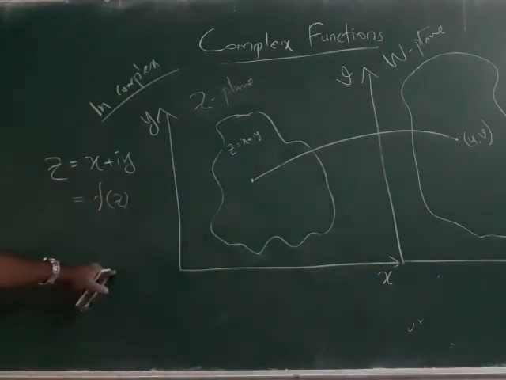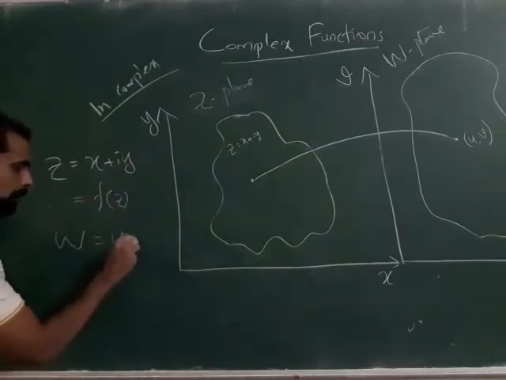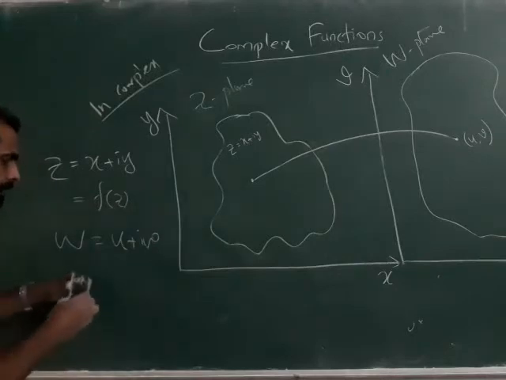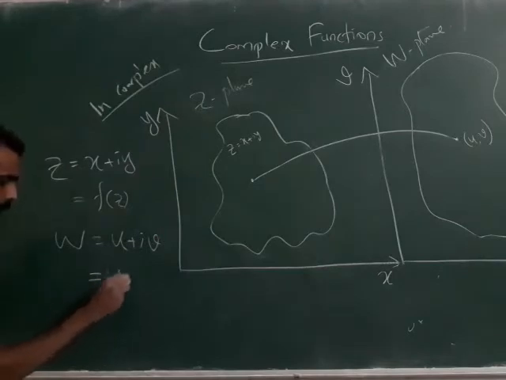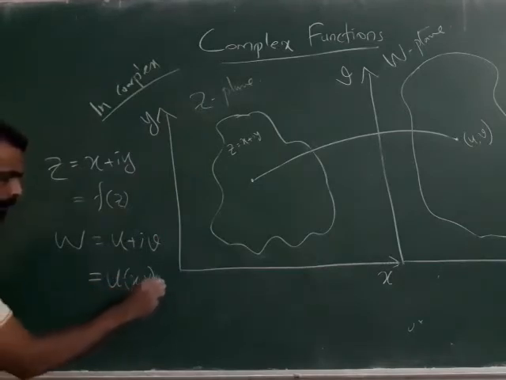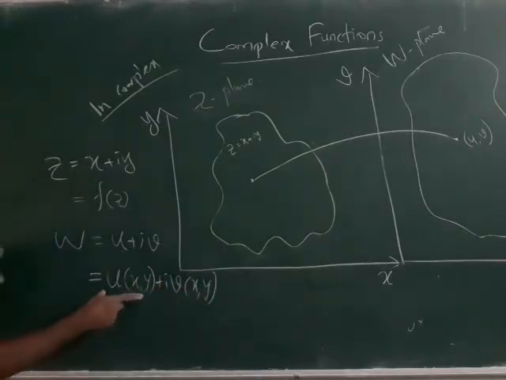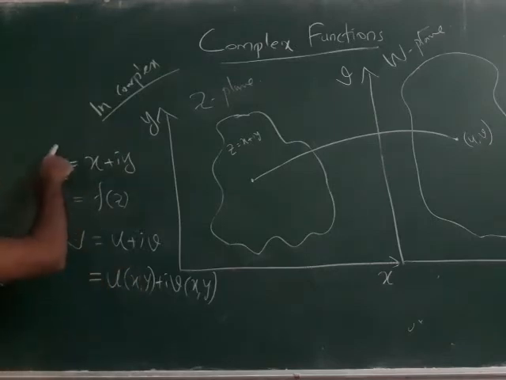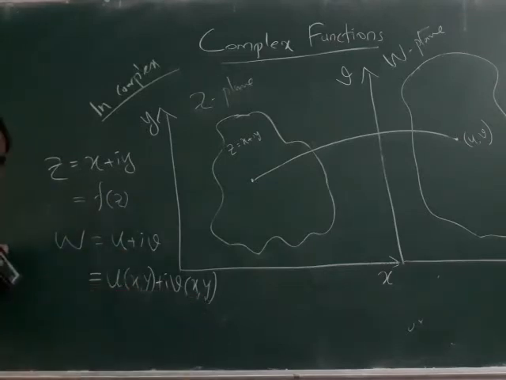Now in the w plane we have w is equal to u plus iv, where u is a function of x comma y and v is a function of x comma y. So for each z you have a particular w, and this z is a function of x and y, but w is a function of u and v, and u is a function of x and y, and v is also a function of x and y.